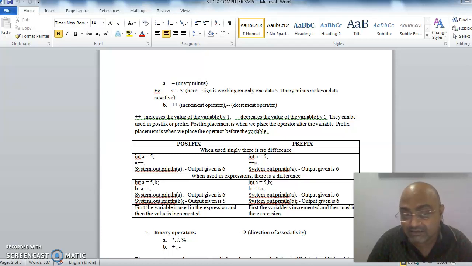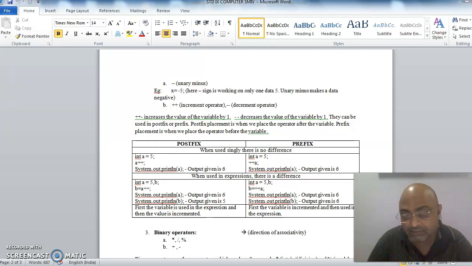Nothing else is used along with a plus plus and plus plus a. But if you look below in the table, you will see the heading, when used in expressions there is a difference. Notice children, here I have written int a is equal to 5 and b is equal to a plus plus. So b is equal to is also there and a plus plus is there. Compare it with the previous example where I used it singly, only a plus plus is there, no other variable.